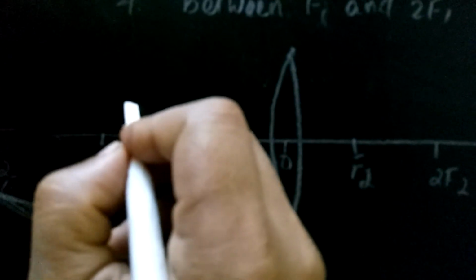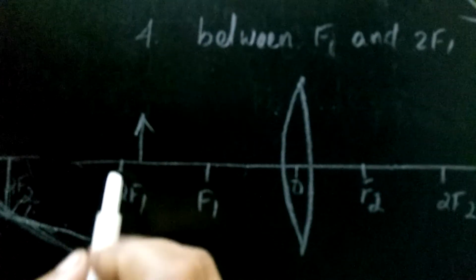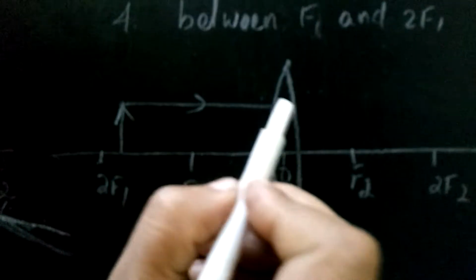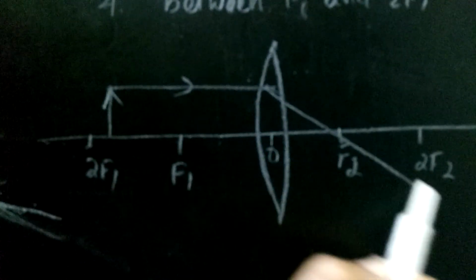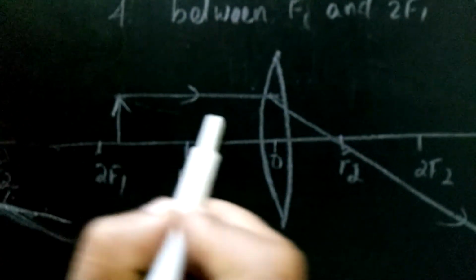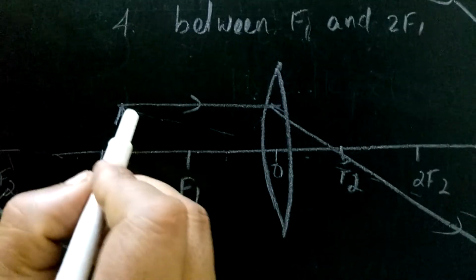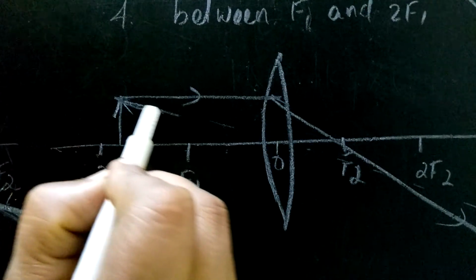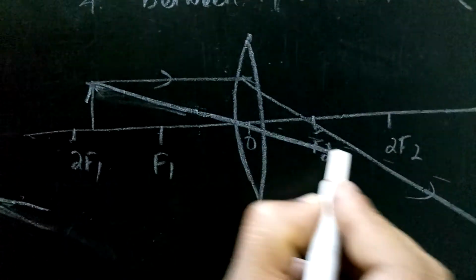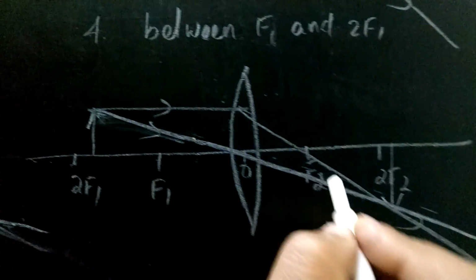So you have to keep the object here between F1 and 2F1. The light ray parallel to the principal axis, after refraction, passes through the principal focus. And the second light ray passes through the optical center. So you will get the image beyond 2F2.